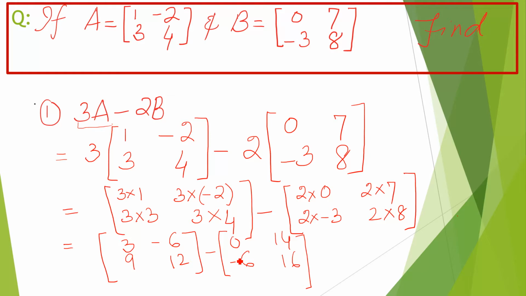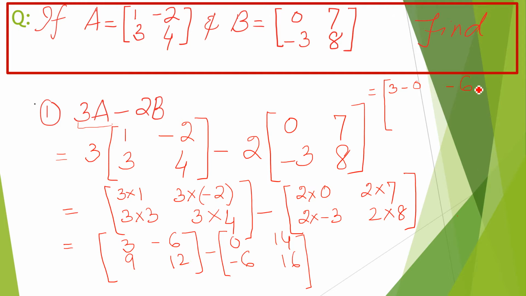Right, now we have to subtract these two matrices. So I can do it here. You can see easily, corresponding values: the first one with the first one of the other matrix, second with the second one. So 3 minus 0.